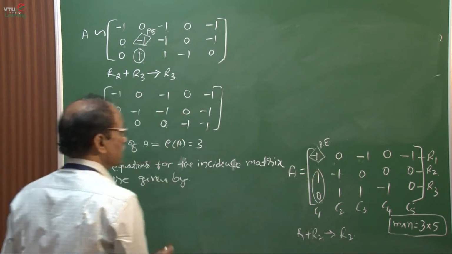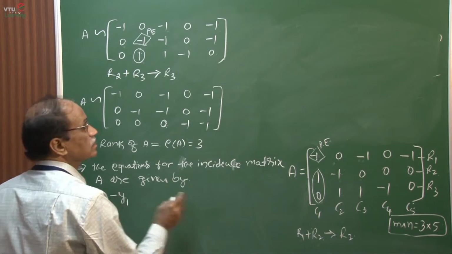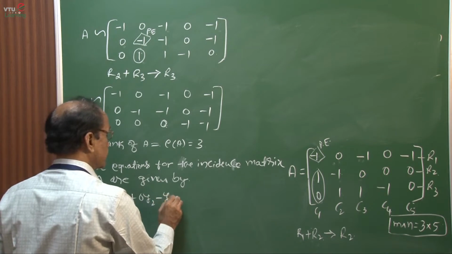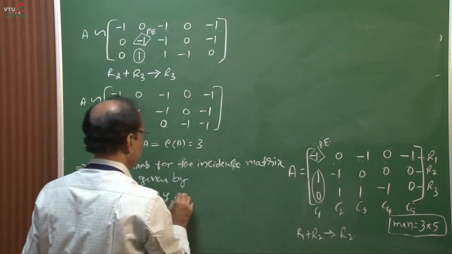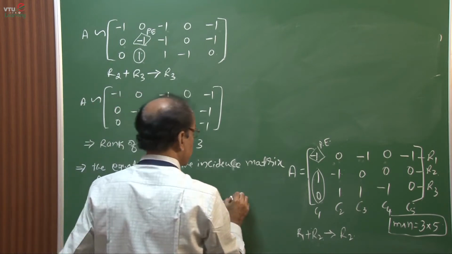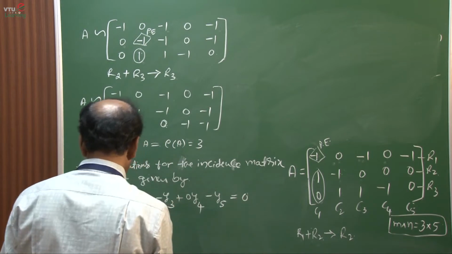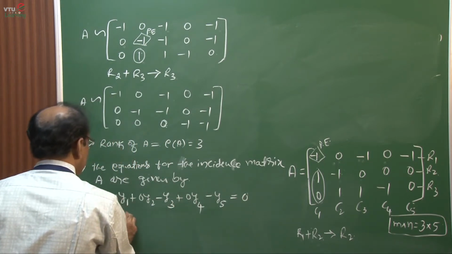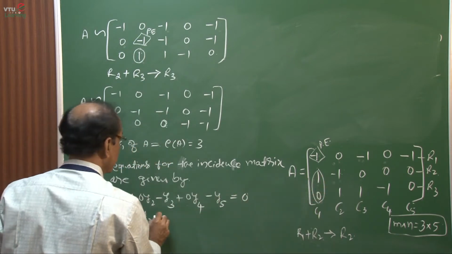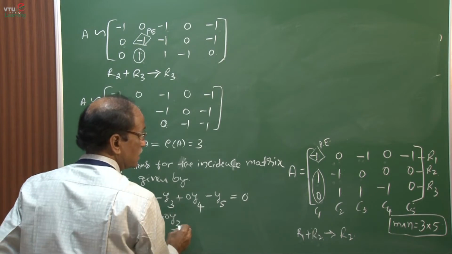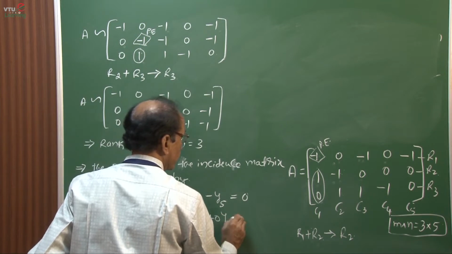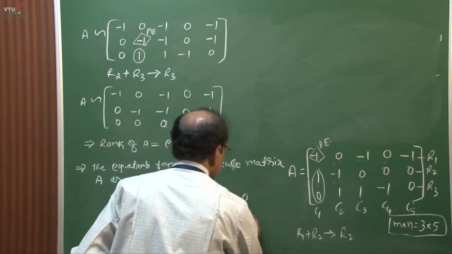You have to write the equations: minus y1 plus 0 into y2 minus y3 plus 0 into y4 minus y5 is equal to 0, first equation. Then y1, next is plus 1 and minus 1, minus y2 plus 0 into y3 plus 0 into y4 plus 0 into y5, that is equal to F2.